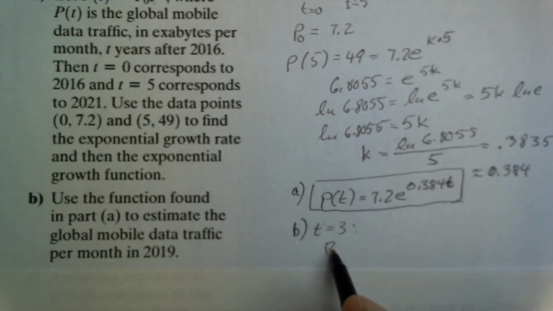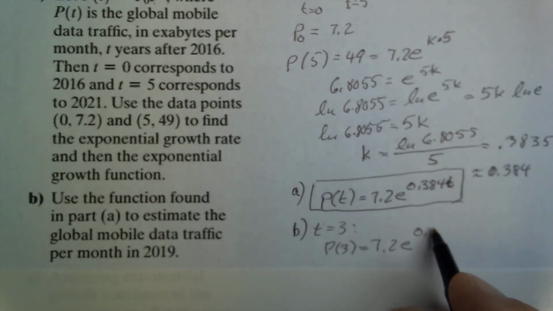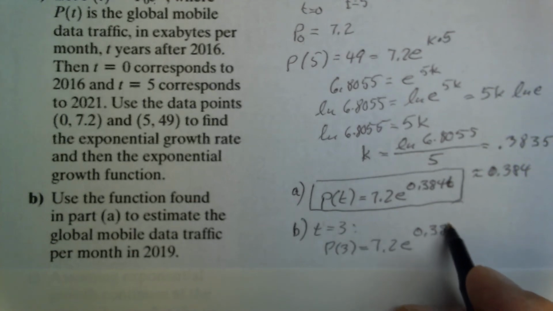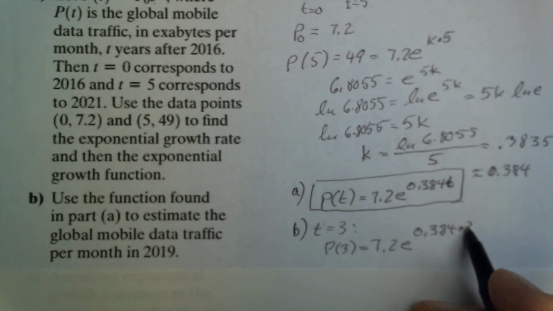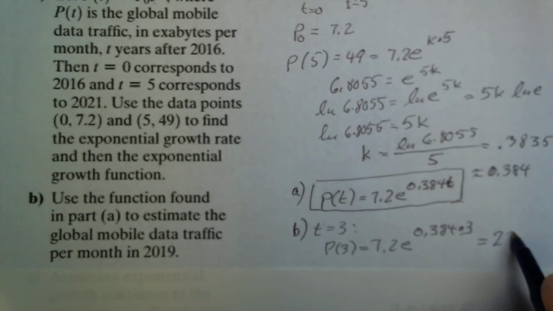So p of 3 is equal to 7.2 e to the 0.384 times 3, and when we evaluate that, that's about 22.8 exabytes.